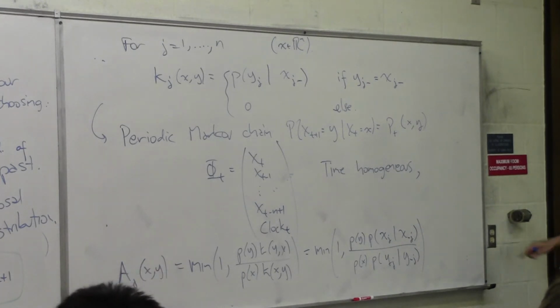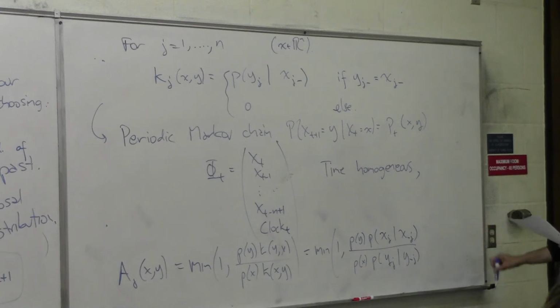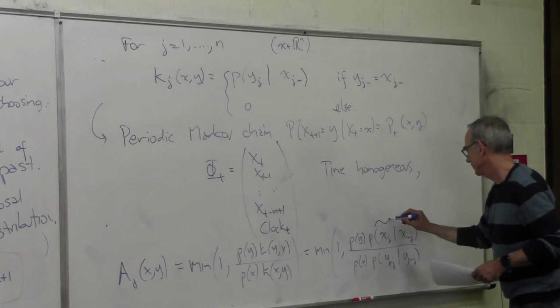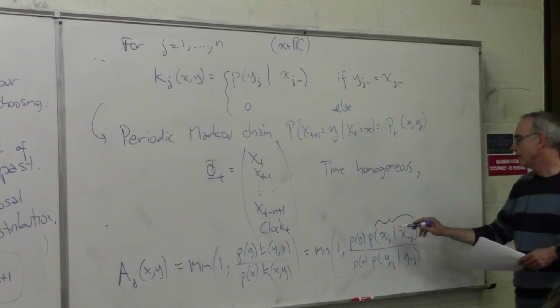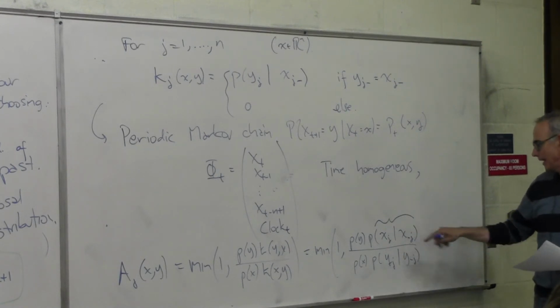It doesn't matter, but I just mean the vector with the jth entry excluded. And what am I going to do now? That looks like Bayes' rule or something. What is that conditional distribution? It's the full distribution divided by the probability of that.